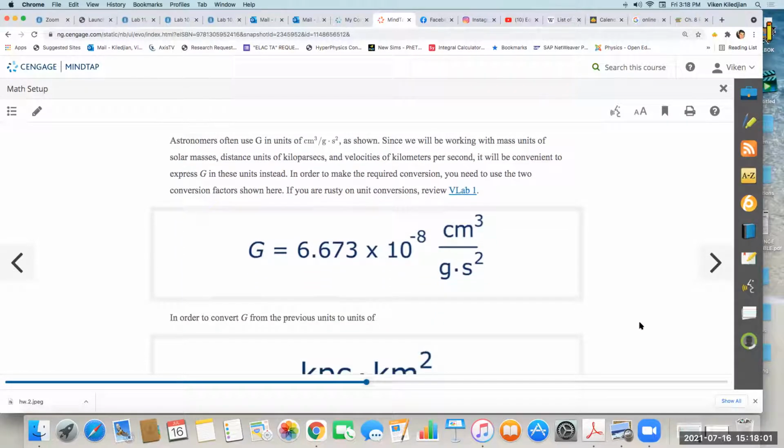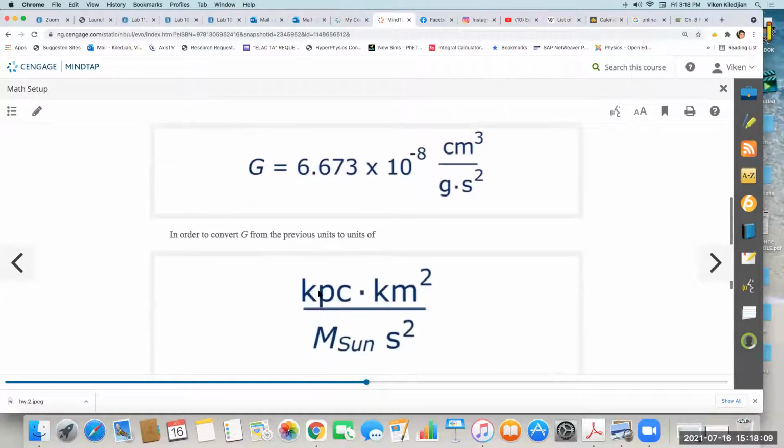So 6.673 times 10 to the minus 8 centimeter cubed per gram per second squared. In order to convert G from the previous units to units of kiloparsec times kilometer squared over mass of the sun times second squared. So you see how they're changing this?